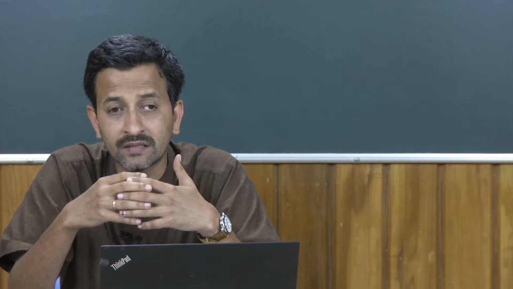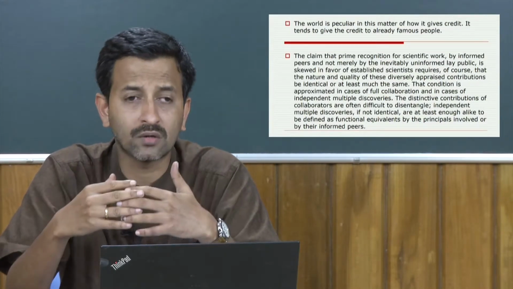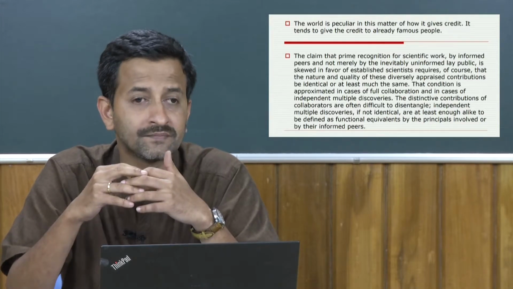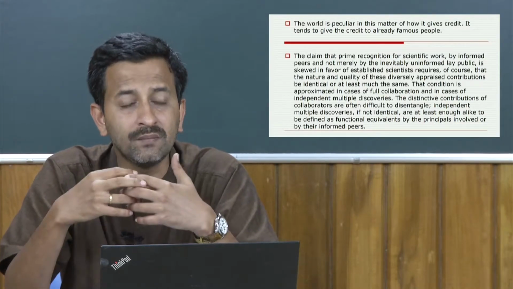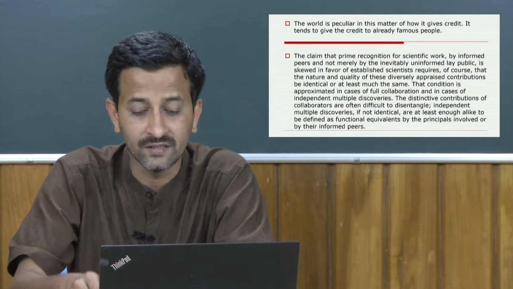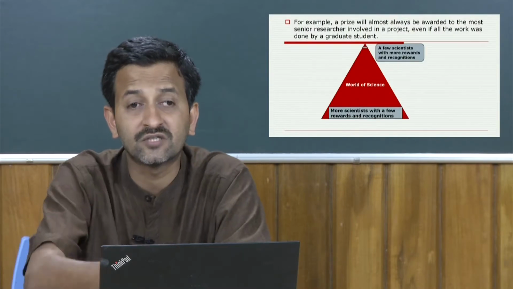It is designed in such a manner that the whole lot of relatively lesser known scientists, practitioners of science, will be left out of the way the world of science has been structured.